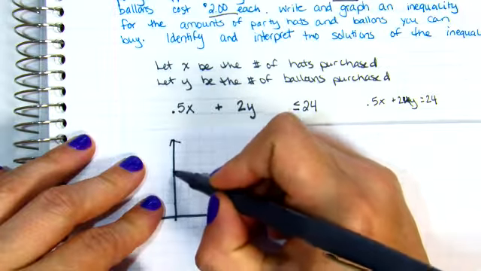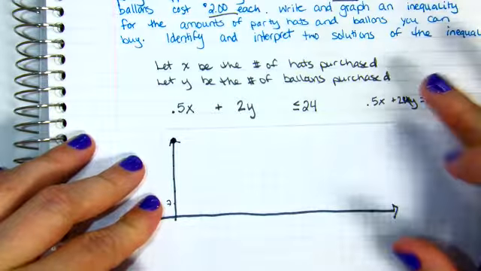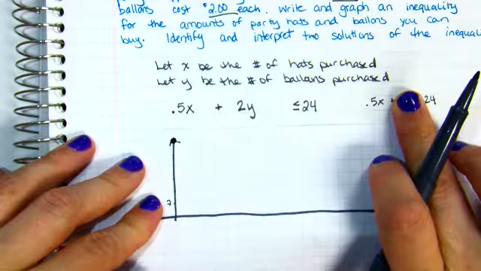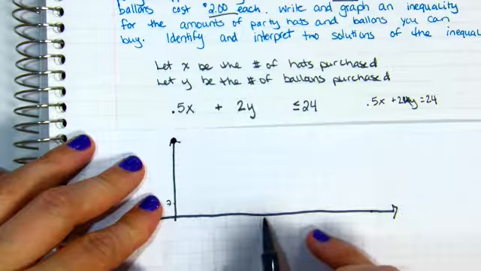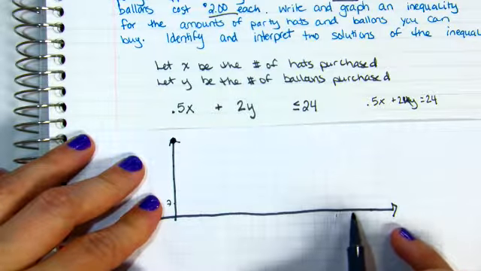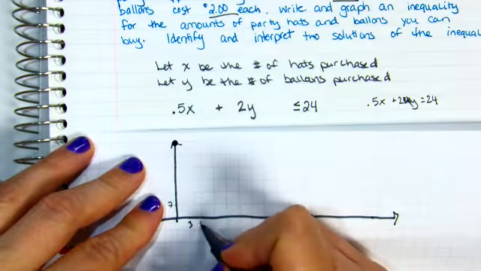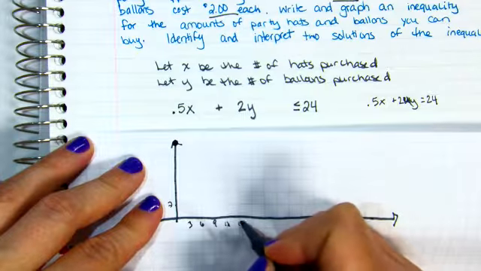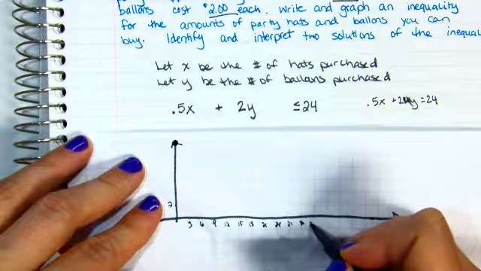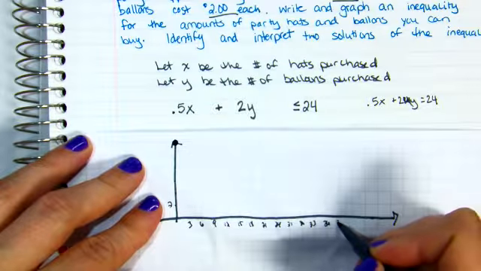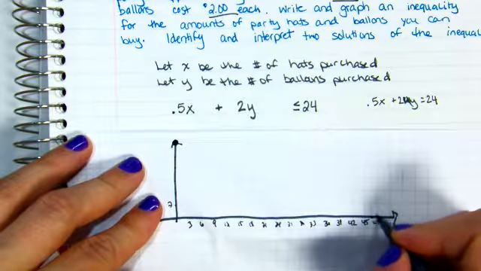If I put in 0 for y, x would be 48. I don't quite have enough room, so let's count by threes: 15, 18, 21, 24, 27, 30, 33, 36, 39, 42, 45, there's 48.